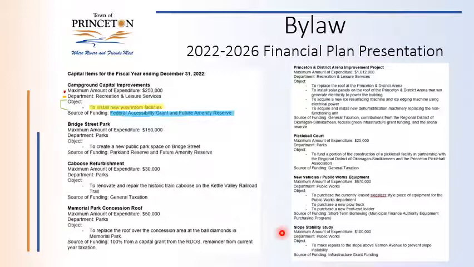It is to actually make repairs to the slope above Vernon Avenue to prevent slope degradation to the road face below. And that's done through infrastructure grant funding. So there is actual funding available for repairing that hillside.